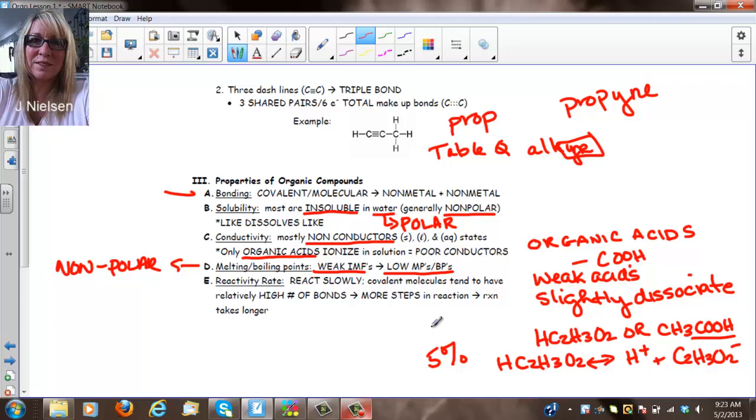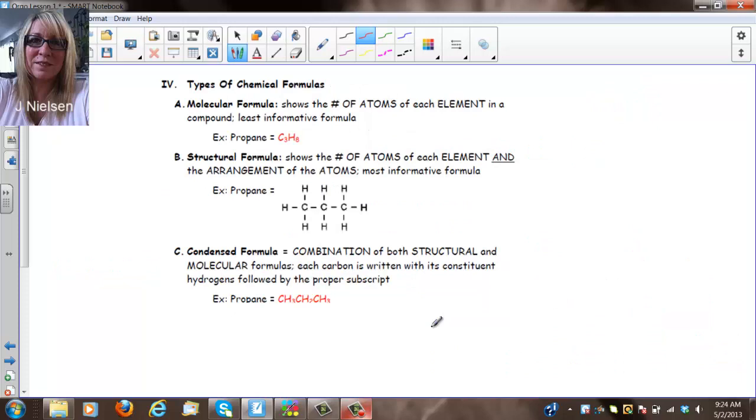They react very slowly, okay? And the reason being is because most of them are fairly big molecules. And that means that they have a high number of bonds, and therefore there's more steps in the reaction to break them down or get them to react, and the reaction takes longer. So these are some really good characteristics that you should know.